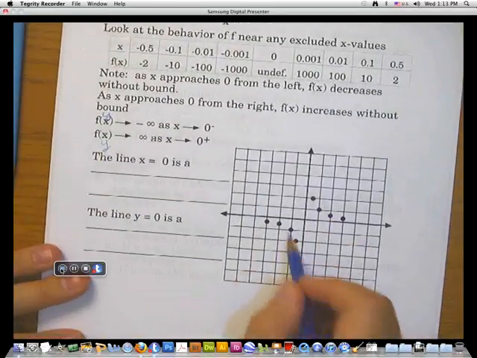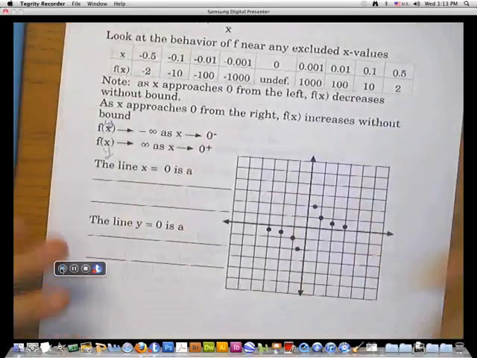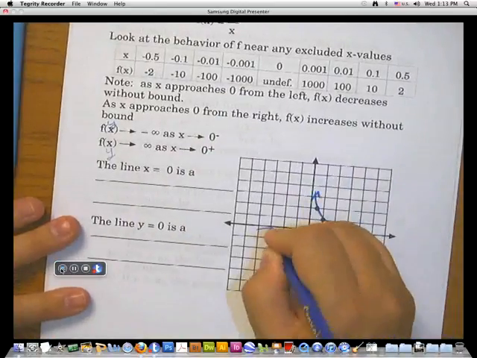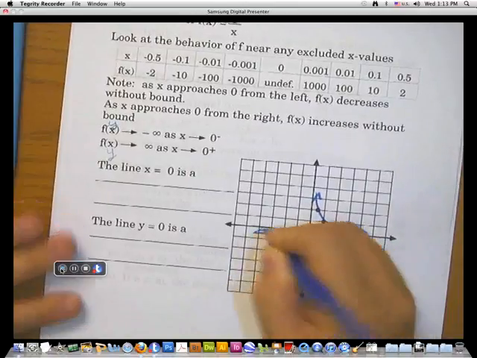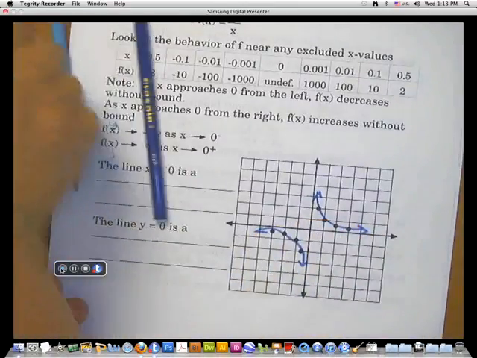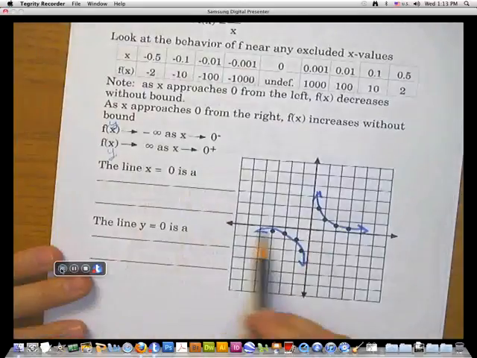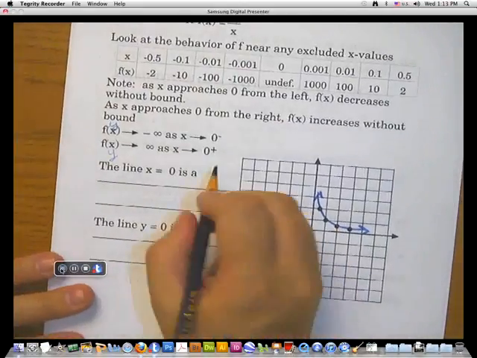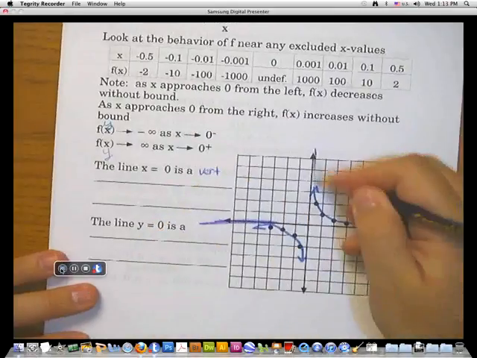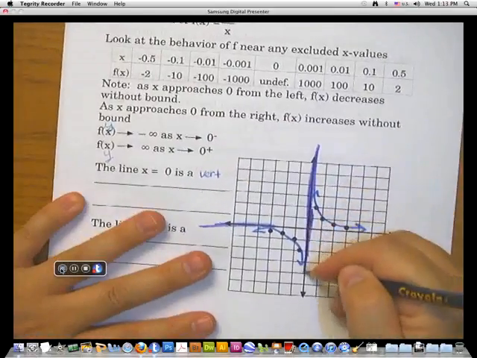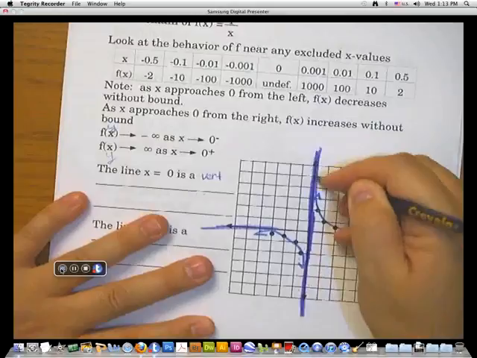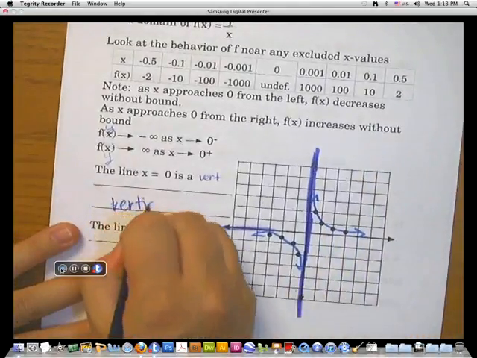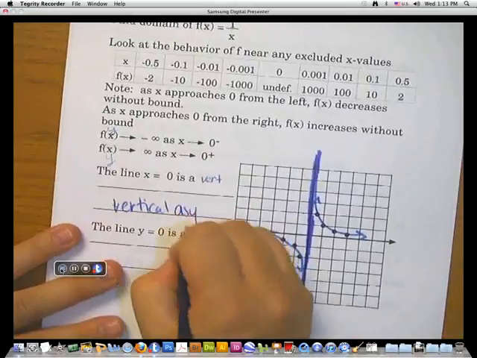So these points up here are just the points that the t-table had. So if I was graphing these, I would connect my dots. And we would call the line x equals 0, the vertical line here, the vertical asymptote.